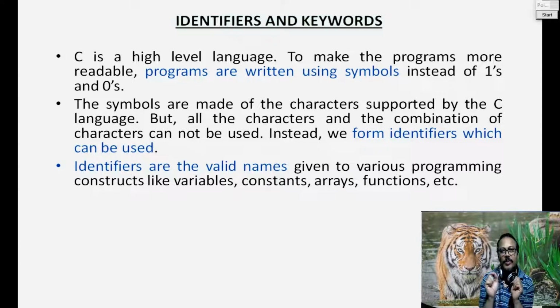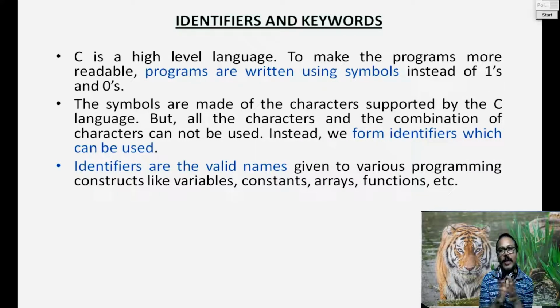Symbols are made out of the characters supported by the C language. But not all characters and combinations of characters can be used. There is some restriction, so there are some rules related to what are called identifiers.